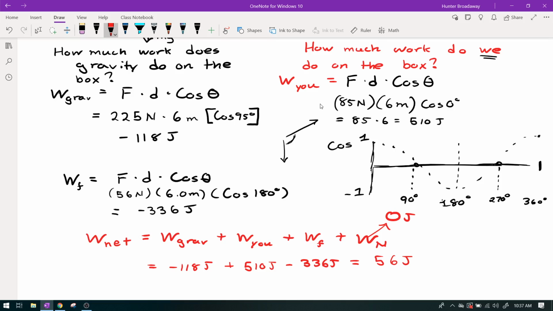Net work is how much work was done to actually move it up the ramp after accounting for all of the friction and stuff going away. Some of this work gets stored by gravity, and some of this work goes away to friction. The work that got stored by gravity, that negative 118 joules, got stored as gravitational potential energy.